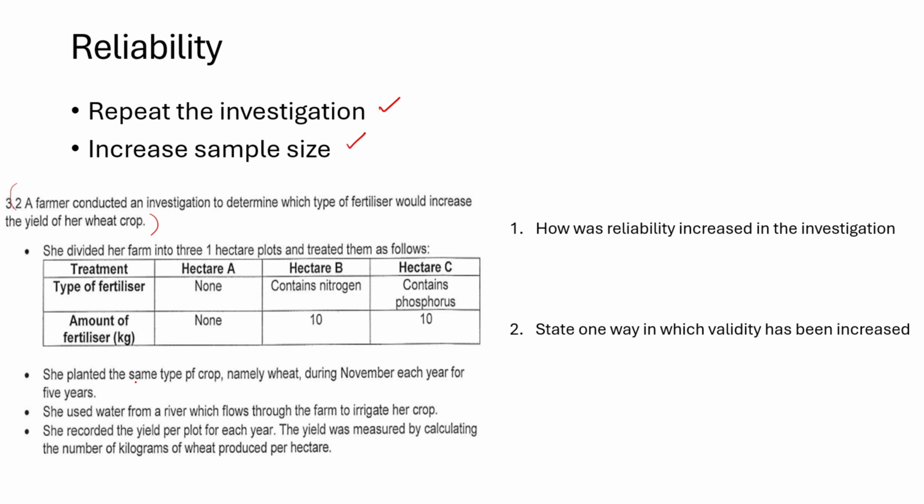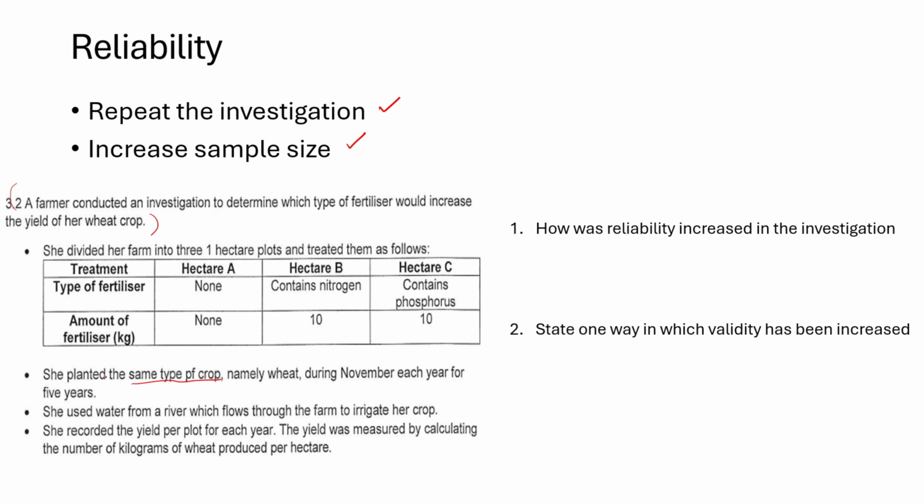She planted the same type of crop. Remember the word same, it means that we are ensuring it is the constant variable, right? So if they ask here what is the constant variable, you're going to say type of crop, because the same type of crop was used. Okay, she used water from a river which flows through the farm to irrigate.